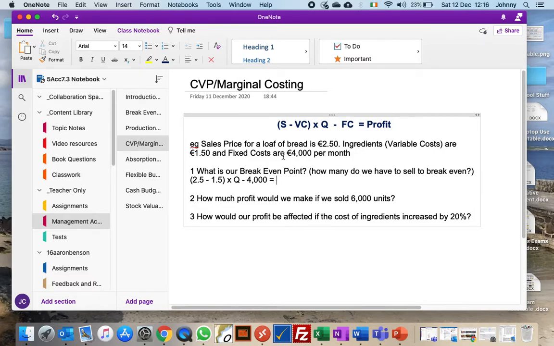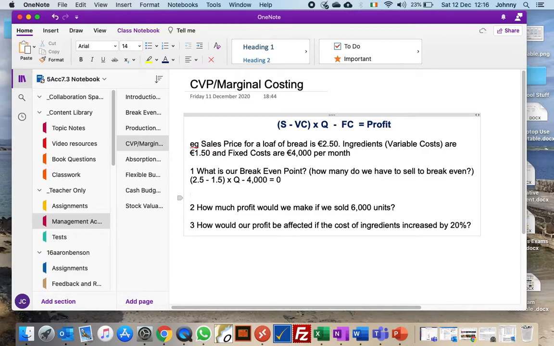Now, profit, if we have a break-even point, at break-even point we're not making a profit, we're not making a loss, so profit is 0 in this case. So let's continue. We end up with, in brackets, 1 multiplied by Q minus 4,000 equals 0.